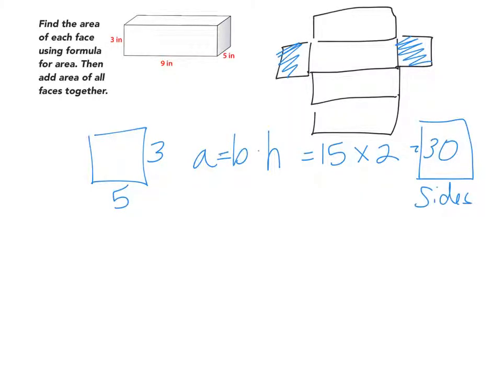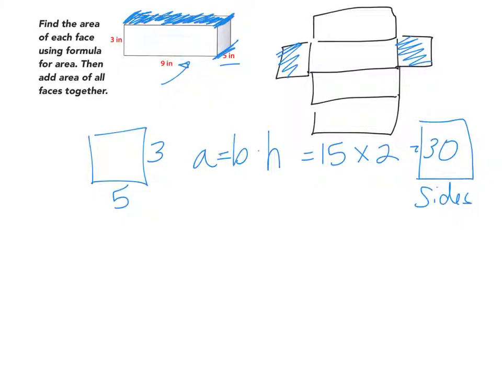Now I'm going to move on and I'm going to find the area of the top and bottom pieces. So it's hard to see, but there's a top and then underneath there's a bottom piece that's equal to that. Now this rectangle up at the top, I have to be very careful and look to see where the dimensions are coming from. I know that this side here is going to be the same as this side here, and this is 5 inches.